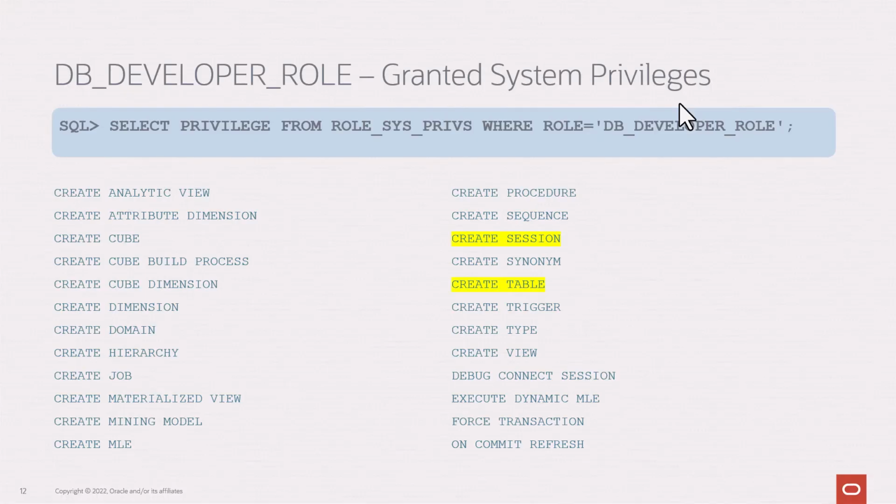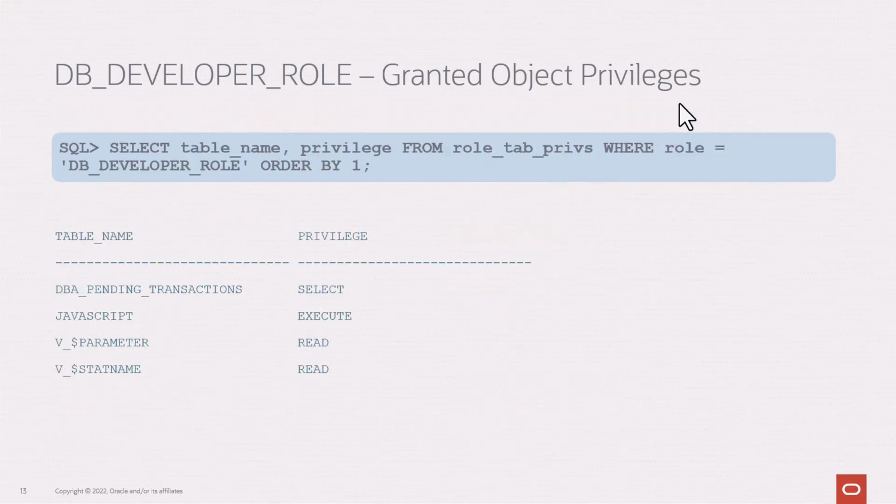If you look at the system privileges that are included, obviously you will see that it allows you to connect and to create basic objects, such as tables and stored procedures and views, but it goes much beyond that, since now a lot of applications deal with analytical queries, and so it allows you to create cubes and dimensions and hierarchies and everything that is necessary for developing analytical applications.